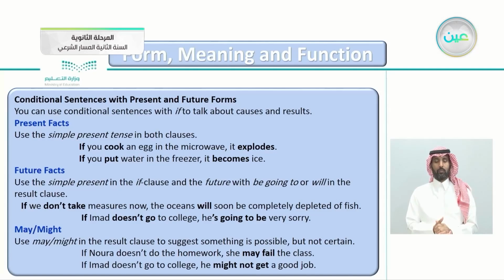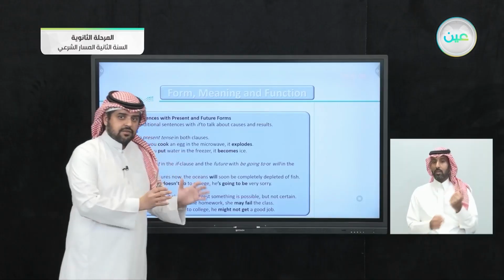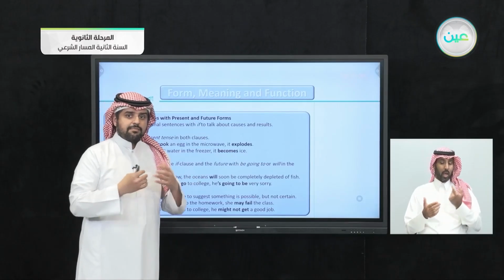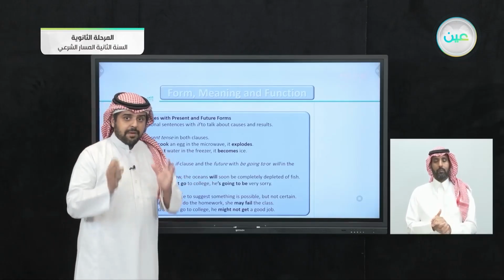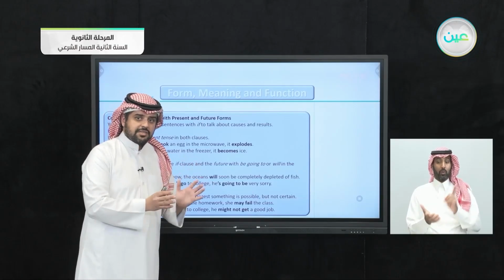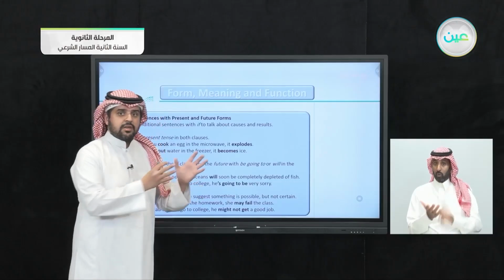Also here we have may and might. We use may and might in the result clause to suggest something is possible but not certain. So we use may or might in the result clause, not the if clause, just to show something that might happen, something that is possible but not certain. If we are certain, we use will.